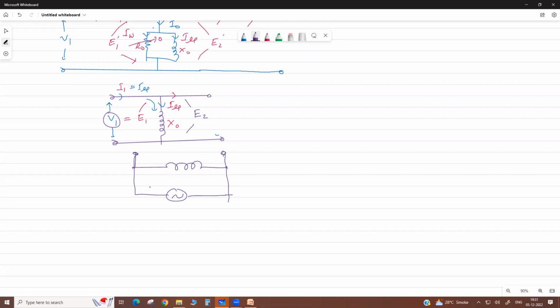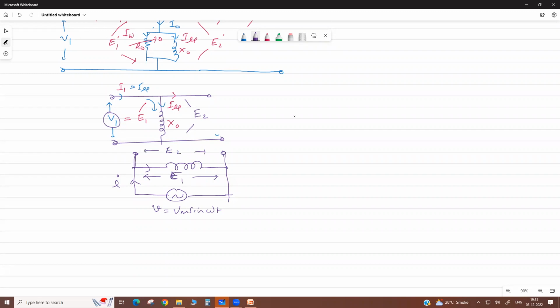Let us see, when we apply V equals Vm sin omega t, there is a current I in this inductor. The induced voltages are E1 here and E2 here.